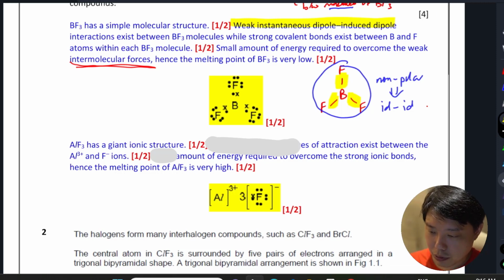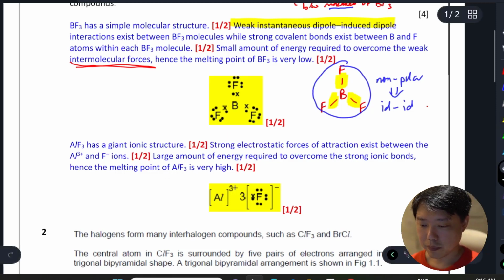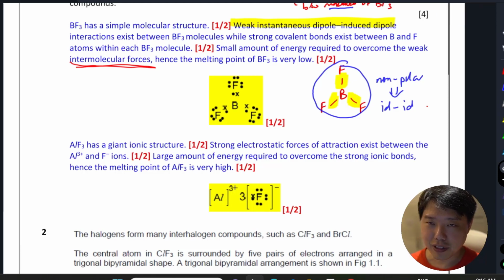When I was marking some of the work, the students identified that it was an ionic compound. Very good. Then after that, they went on to say that a large amount of energy is required to overcome the strong force of attraction between molecules. Immediately wrong.